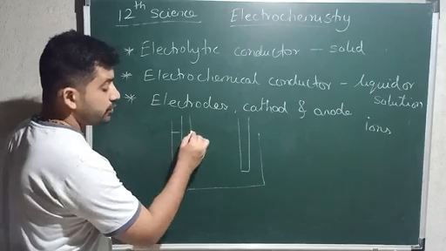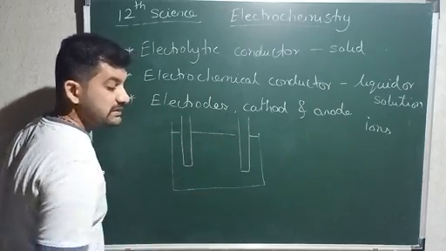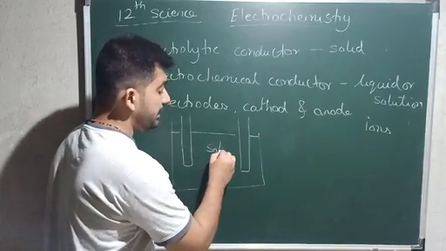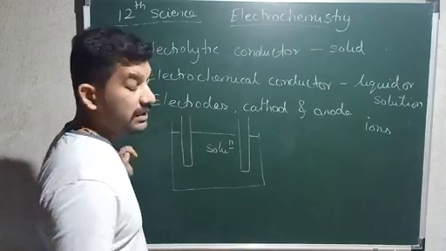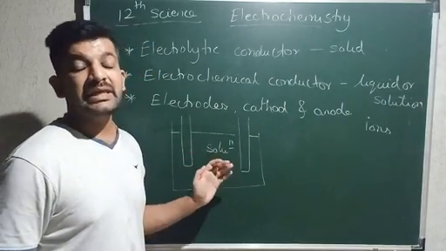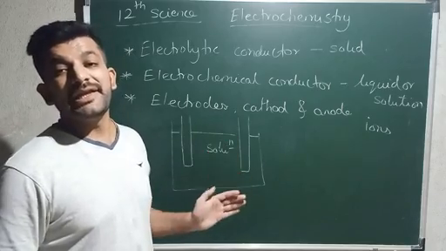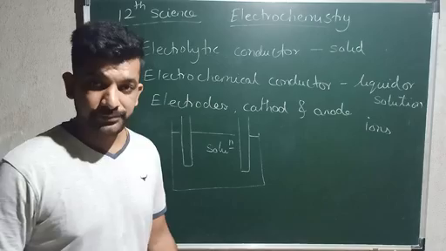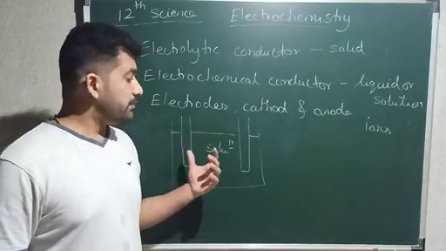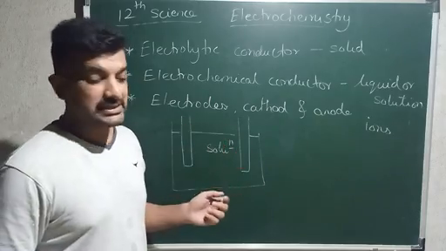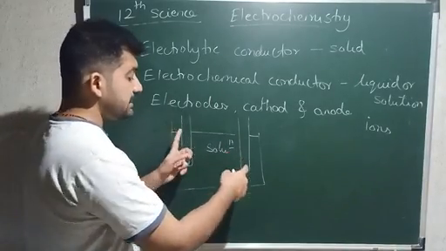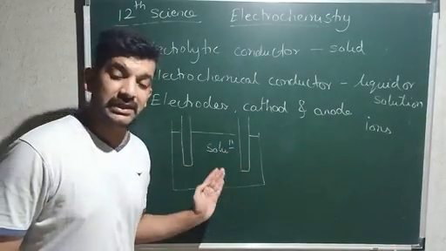Electrodes are those solid rods which are inert with the electrolytic solution, meaning these electrodes do not take part in any chemical reaction in an electrolytic cell. But in an electrochemical cell, there is a possibility that these electrodes can take part in chemical reaction.